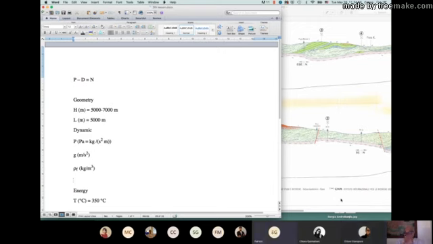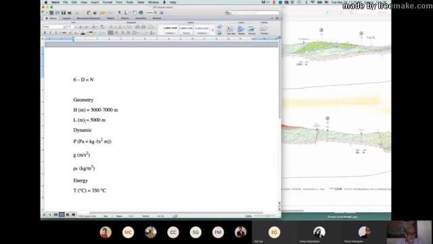I think sufficient. Okay, let's try to see if it is sufficient. So we have how many variables? 1, 2, 3, 4, 5, 6, correct? 6 variables. Yes. And how many dimensions?